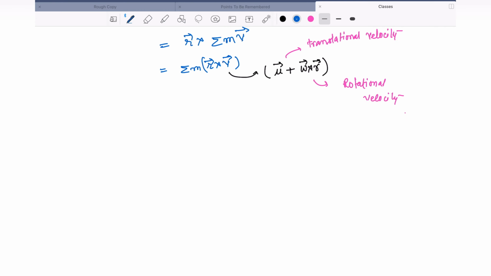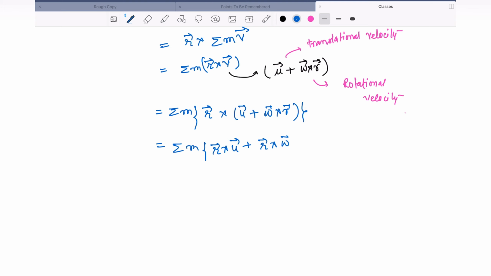Now I can put these things here: summation of m r cross (u plus omega cross r). Now I'll simply break this bracket, so I can write r cross u plus r cross omega cross r.